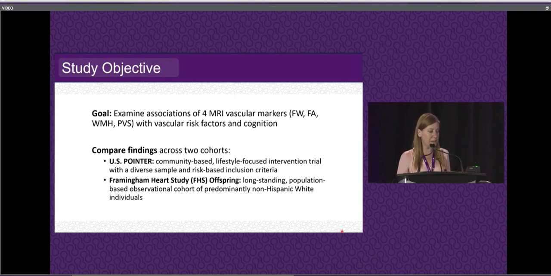As I just mentioned, this is a lifestyle intervention study including older individuals at risk to convert to dementia, and the Framingham Heart Study, the offspring cohort, which is a long-standing population-based observational cohort with decades of follow-up.